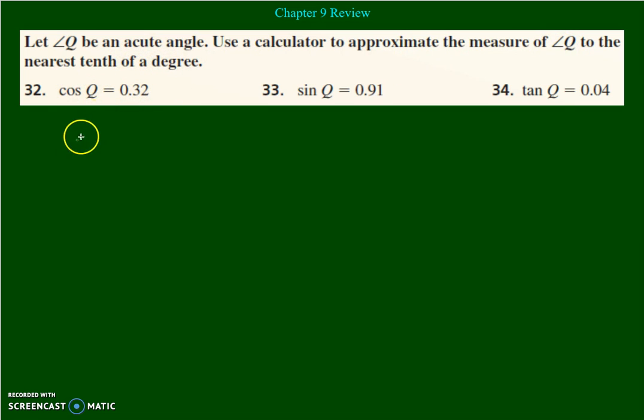So before we can use the calculator, however, we're going to actually have to solve for the variable Q. Now, as we talked about before, the angle is a fundamental part of this function. It's the input to the function. So in order to get the Q or the angle isolated, we have to undo the function.